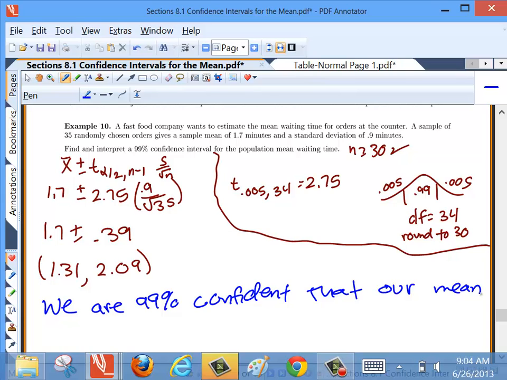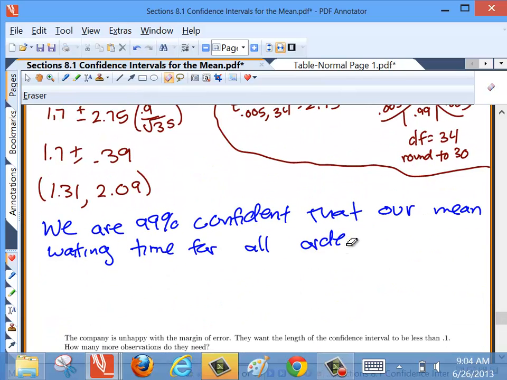What do you think they're interested in? The mean waiting time for all orders? Is between those two values. So between 1.31 and 2.09 minutes.